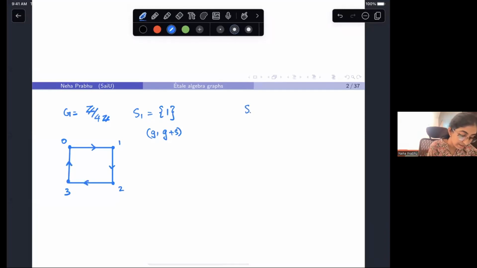Suppose I take S2 to be a little more interesting. So I take 1 and 3, say. Again, I have my graph, the vertices. So 1 will be the same thing. It's just a cycle.